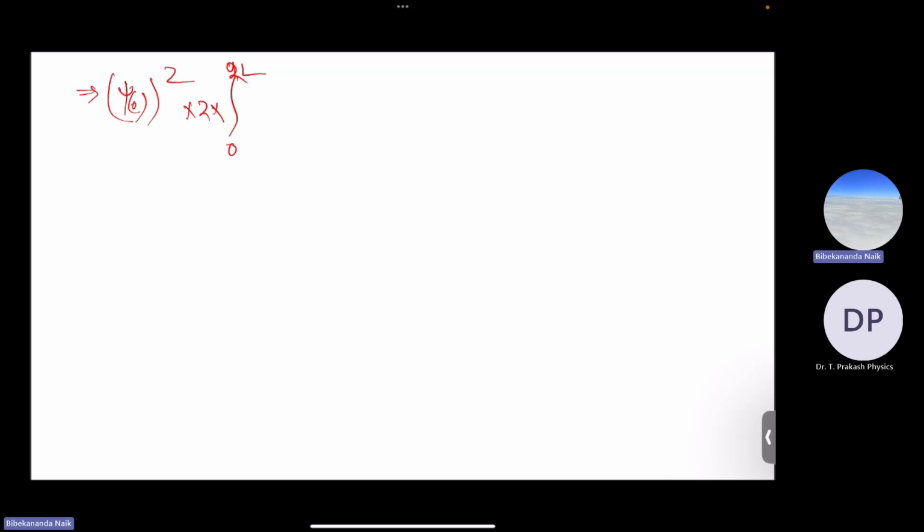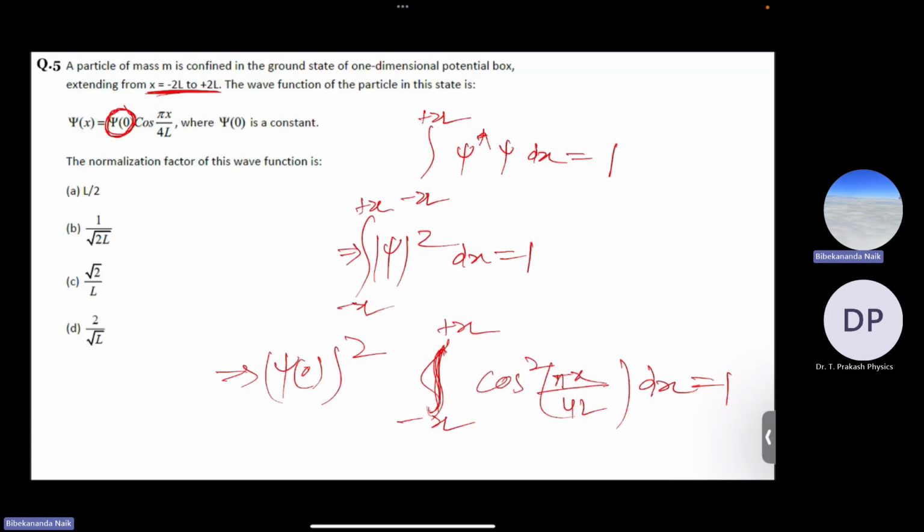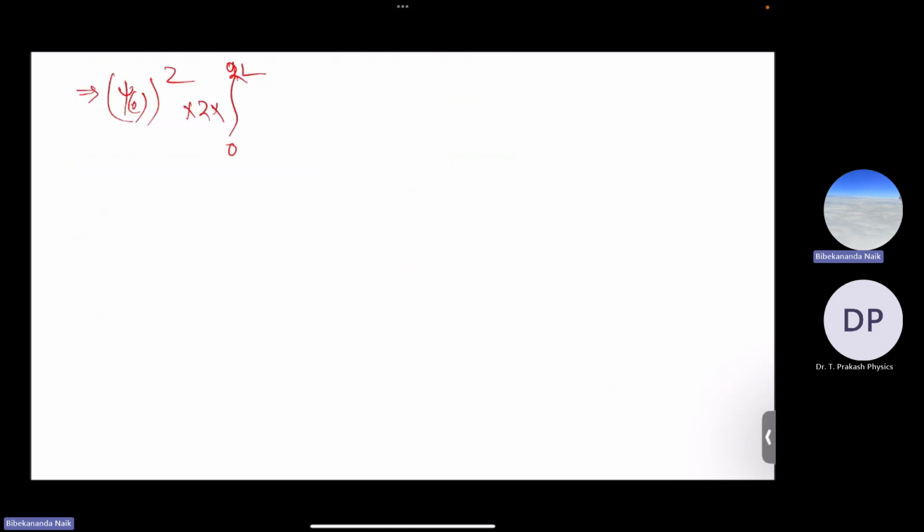Let me write it first. Since this cos square x is positive for both minus 2L to 0 and 0 to 2L, both will have the same value. So we can write directly twice of the integral from 0 to 2L of cos square pi x by 4L dx equals 1.